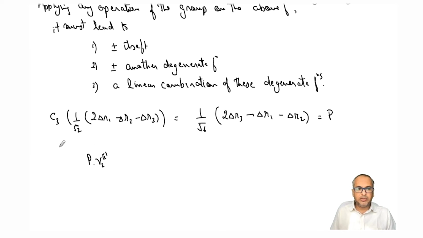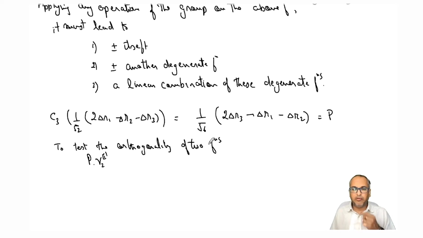So to test the orthogonality of two functions, we'll get to know if they are orthogonal or not. How do you do that? We multiply the coefficients of the different basis vectors: the delta R1 coefficient with the delta R1 coefficient here, delta R2 with delta R2, delta R3 with delta R3, and then take the summation over all and see if you get 0 or not.